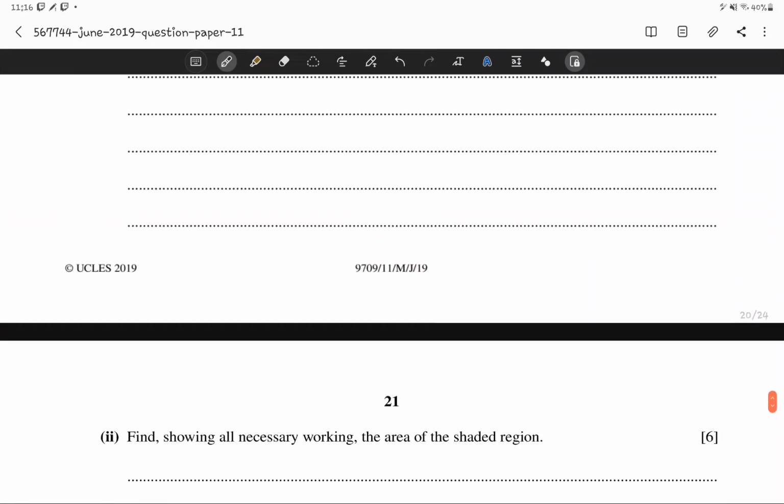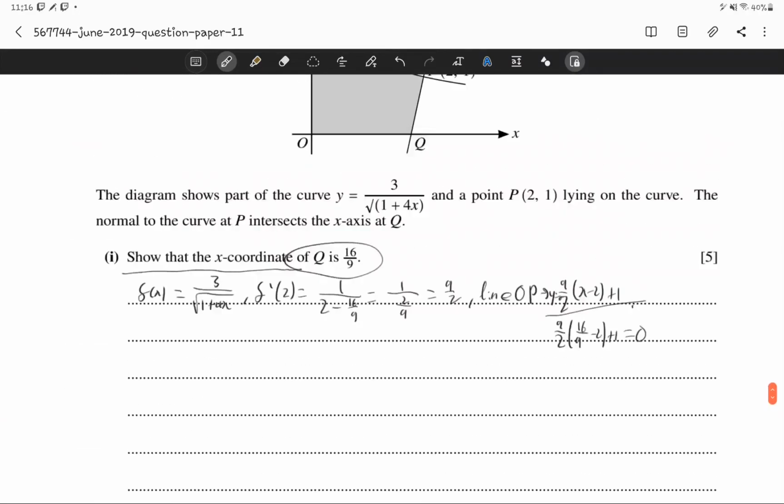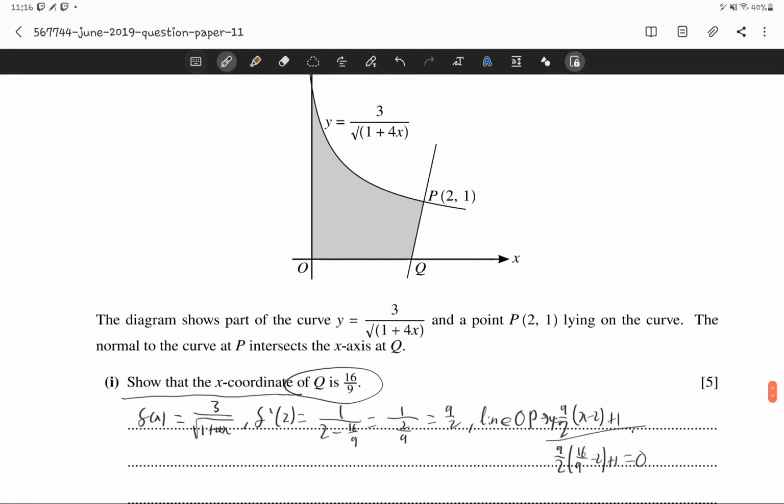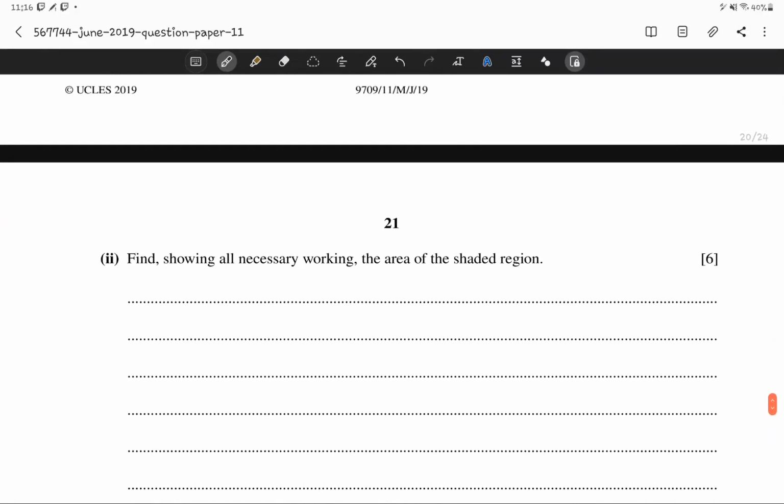Oh yeah, this is the last one. Okay. This is pretty easy.